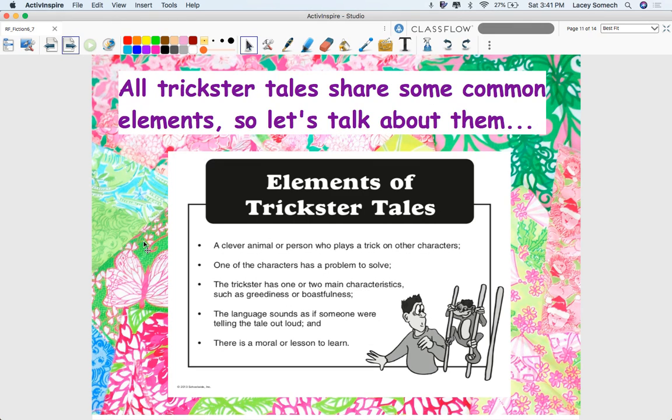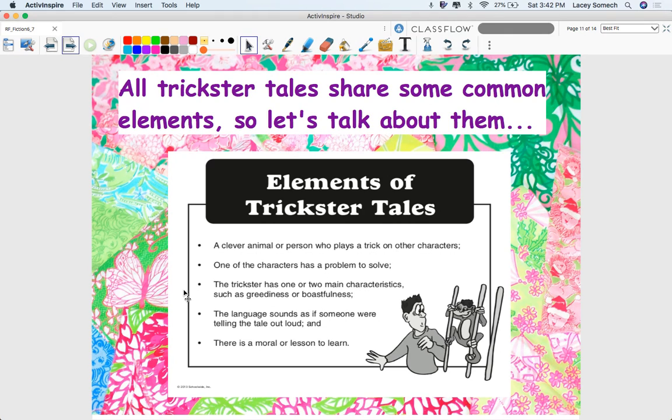Usually a trickster tale, we know, has a clever animal or person who plays tricks on other characters. One of the characters has a problem to solve, because we know all fiction has to face a problem to build on with the plot. The trickster has one or two main characteristics.